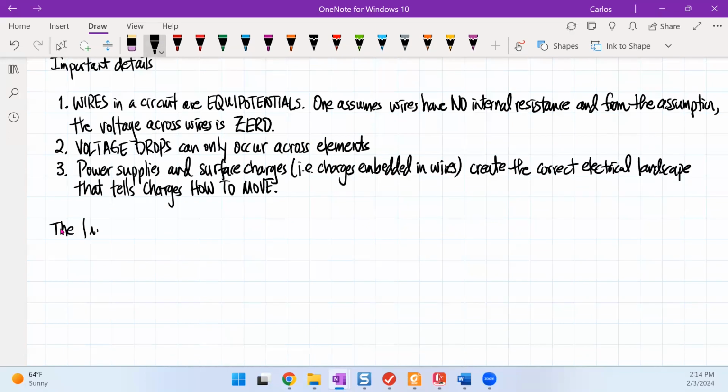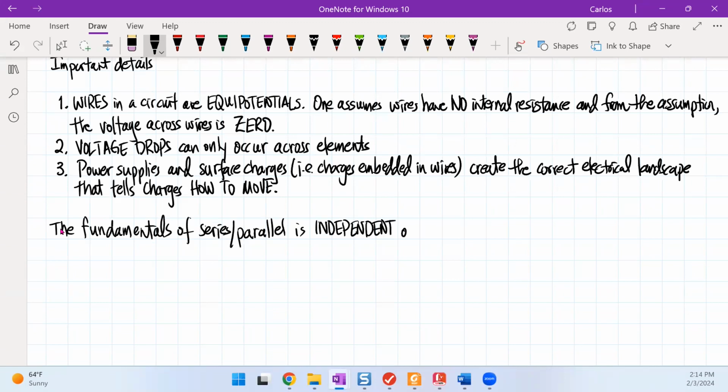The fundamentals of series and parallel is independent of element type.